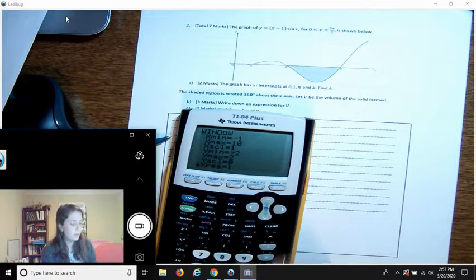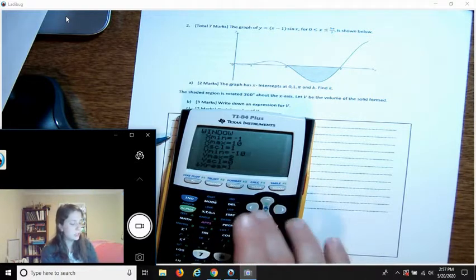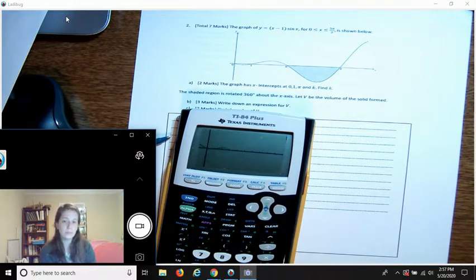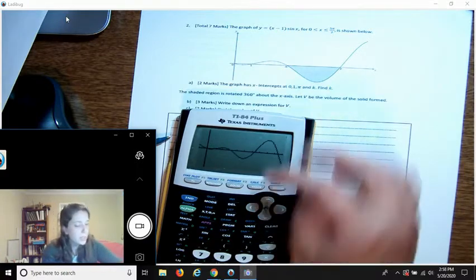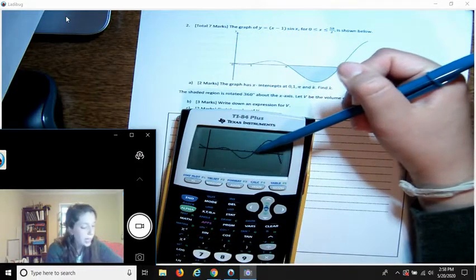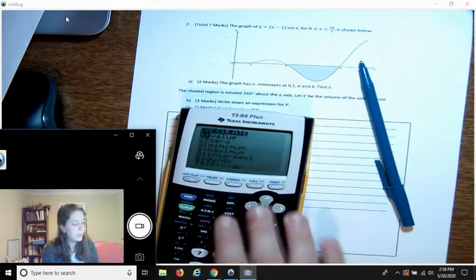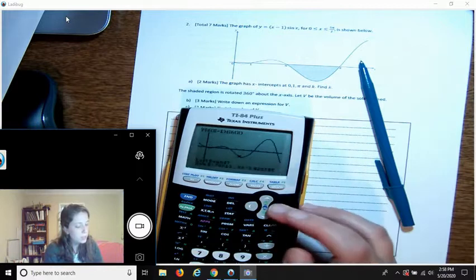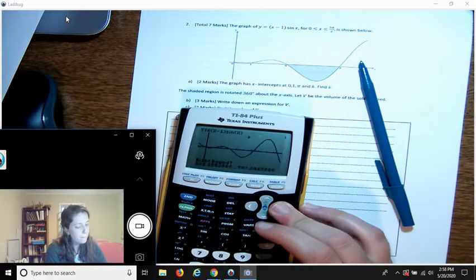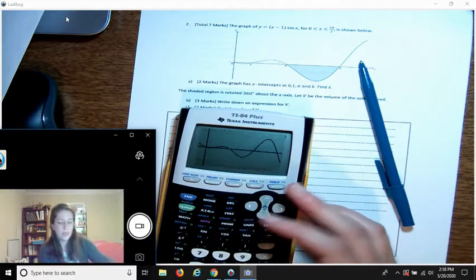I'm going to go from negative 10 to 10 just because I don't know how low that goes. Okay, so here we have 0 at 0, 0 at 1, 0 at pi, and this one is at k. So we're looking for that 0 right there. So I want to make sure I'm to the left, then to the right, and then calculate that.